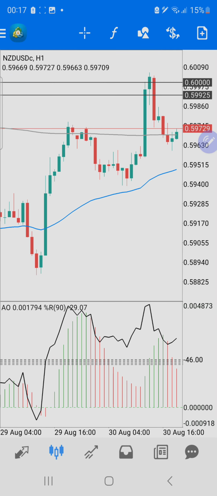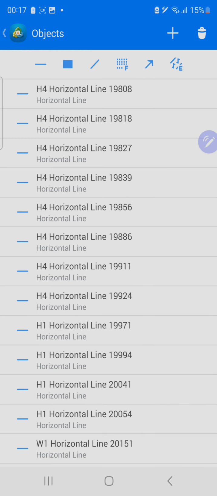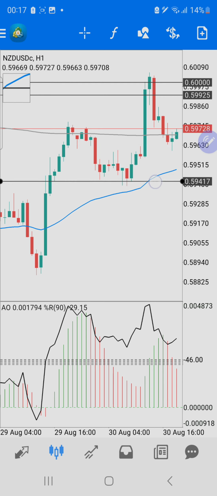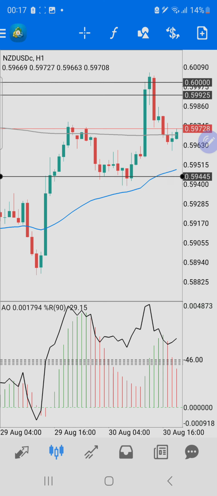Now I'll be drawing another zone for you so that you can understand how it goes. Now see, when the market is in a downtrend, we are supposed to mark the green candles. I'll mark the candle like this one, not this one, because for me that is like a double bottom.